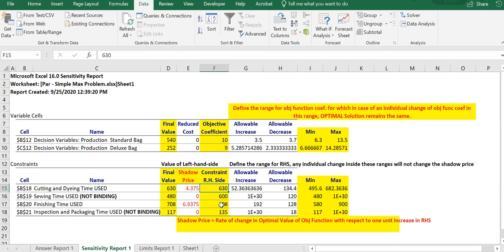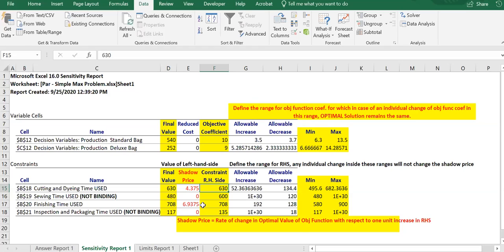But what if we had 200 hours, additional hours that can be added to our right hand side? We need to evaluate them based on the profit. And we see that currently, if we just want to make an individual change on our right hand side, the best one is finishing.